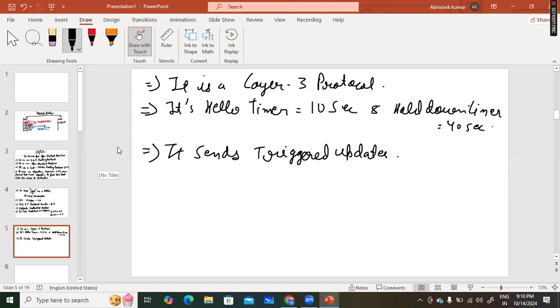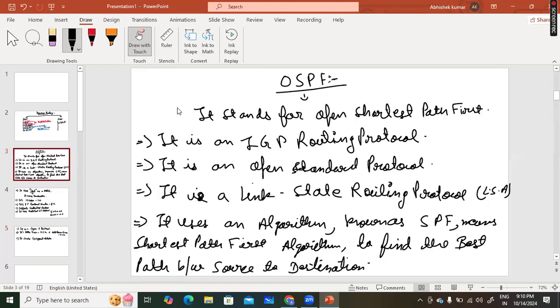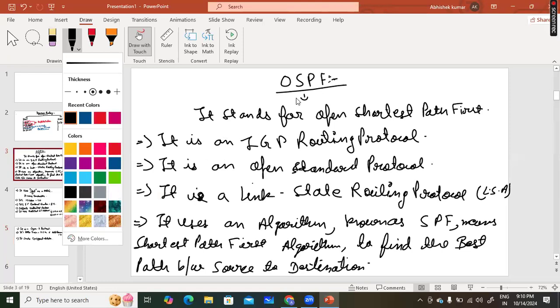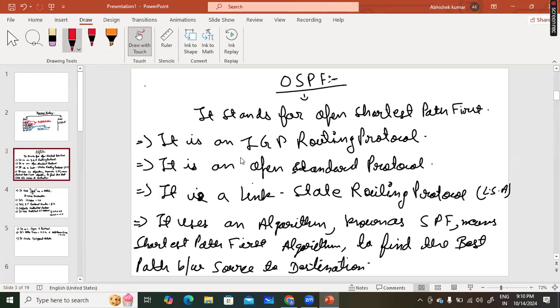Now let's start with point number 1. Which type of routing protocol is OSPF? It is an IGP protocol. What does this mean? Tell me. Interior Gateway Protocol, sir. That's the full form, but what does it mean?